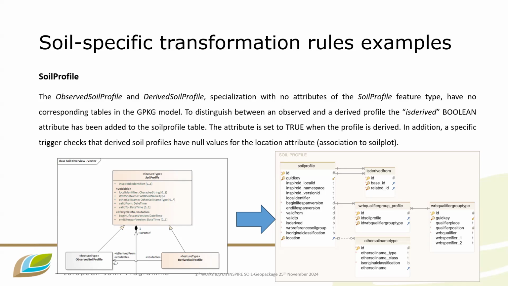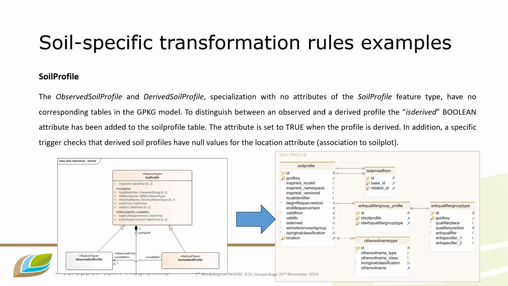Okay, we can go on with soil-specific transformation rules examples. These soil-specific rules I am illustrating now are specific for soil, and in particular for the EJP SOIL proposal. So what are these soil-specific transformations?